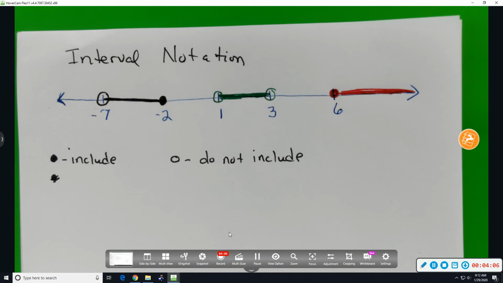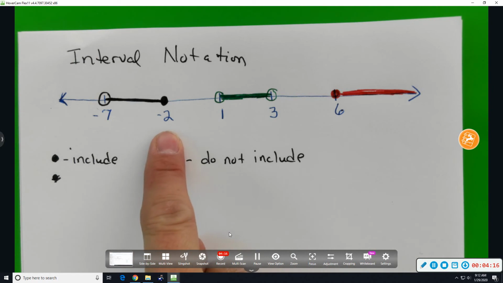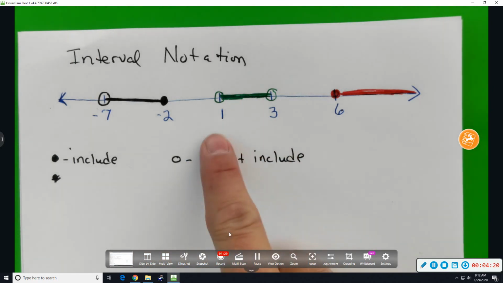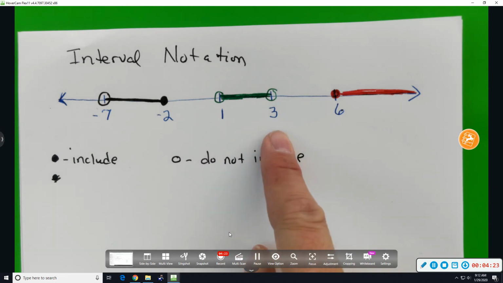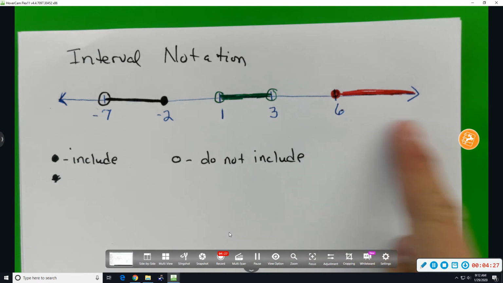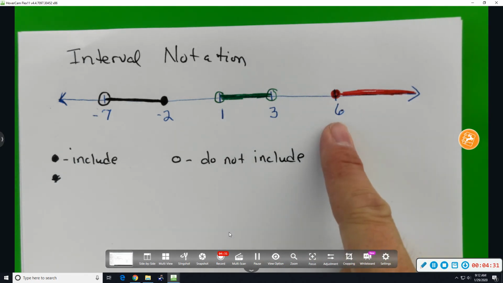So if someone asks which regions are shaded, in words you'd say, okay, every number between -7 and -2, not including -7, but including -2. Also, every number between 1 and 3, not including 1 and not including 3. Every number bigger than 6, or to the right of 6, including the number 6.